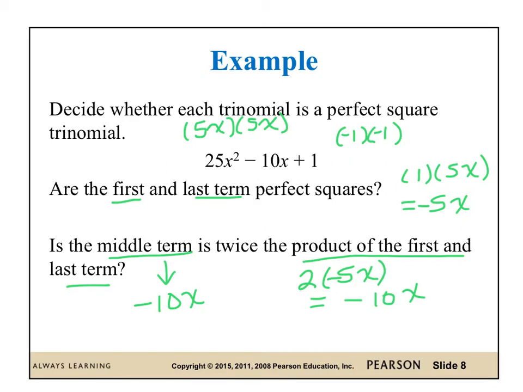So yes, if you take that the factors of positive 1 were negative 1 times negative 1, yes, this would work, and this is a perfect square trinomial. So yes, even if the middle term is negative, what has to happen is that your last term has to be the product of its two negative factors, so that we still have a positive product, but both the factors are negative.